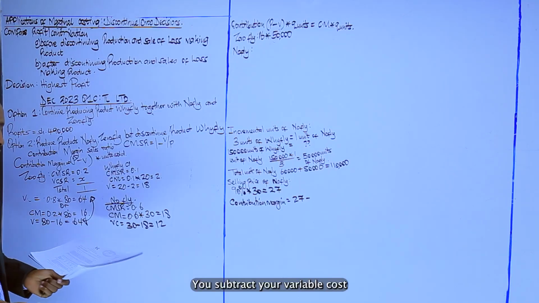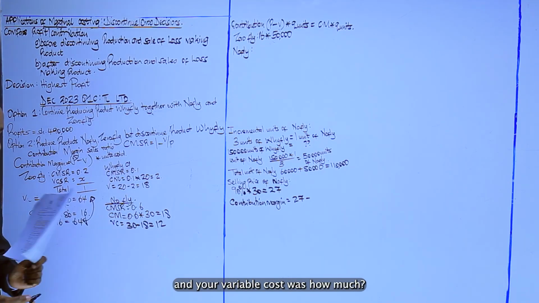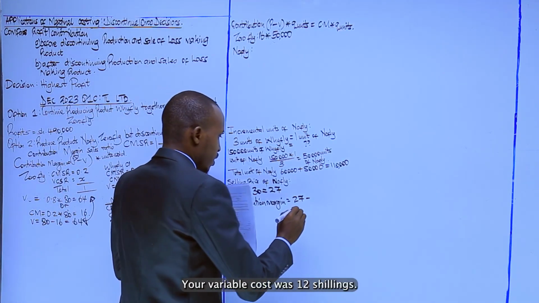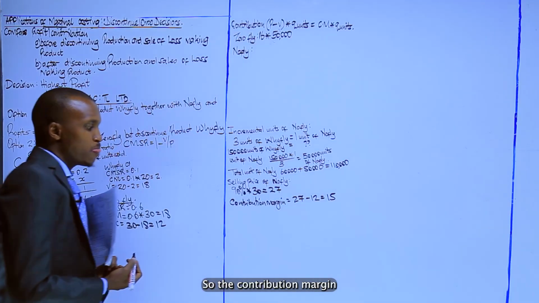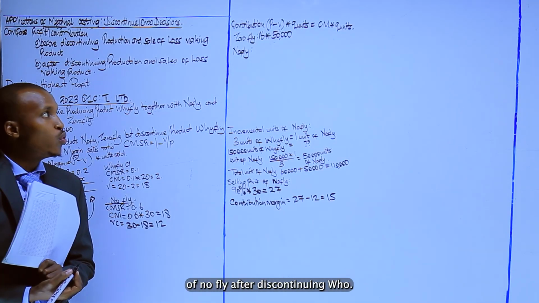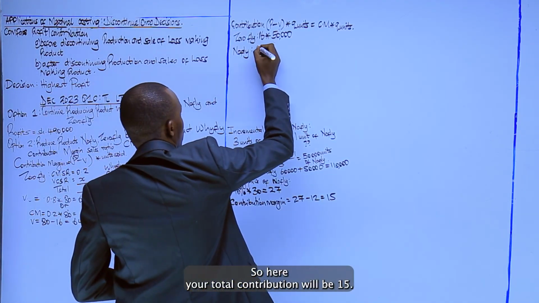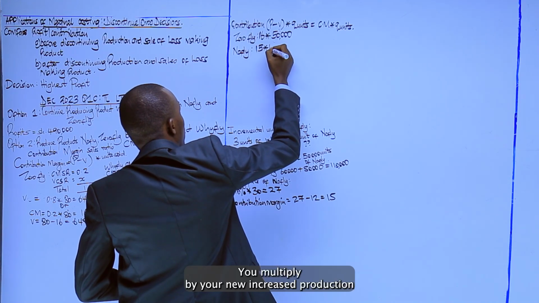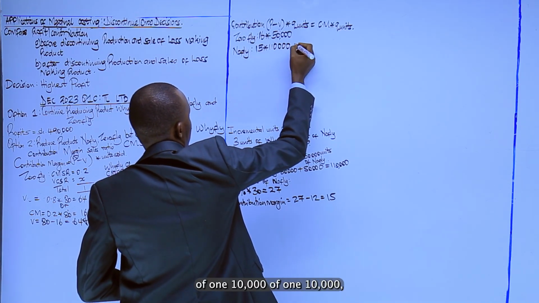Then your contribution margin: you're now going to take your new selling price of 27 and subtract your variable cost. Your variable cost was 12 shillings. So the contribution margin of No Fly after discontinuing Y Fly is 15. Your total contribution will be 15 multiplied by your new increased production of 110,000.